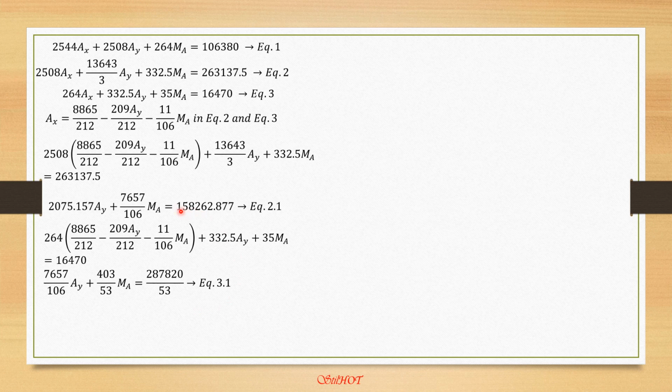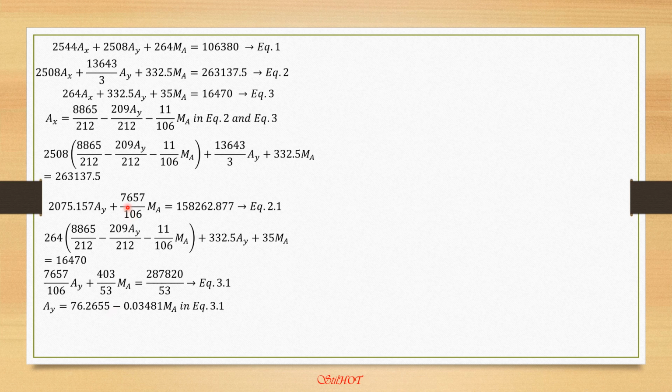Then from equation 2.1, we divide everything by 2075.157 to express AY in terms of MA. Then AY equals 158,262.877 divided by 2075.157, that would be 76.2655.